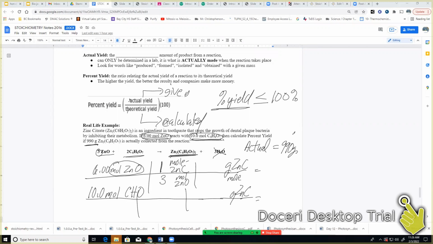I'm going to be moles of zinc citrate down here. I do see grams, so I have to have a molar mass here, and that is 574.39 grams. When I do that calculation, I end up getting 1,148, but I need to adjust for 3 sig figs, so it becomes 1,150 grams. So that's one of my answers.